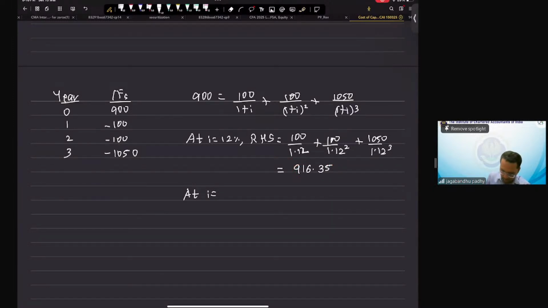So let's say at I equal to, let's take it as 15%. Give me the RHS value at I equal to 15%, guys. Calculate and give me the value.